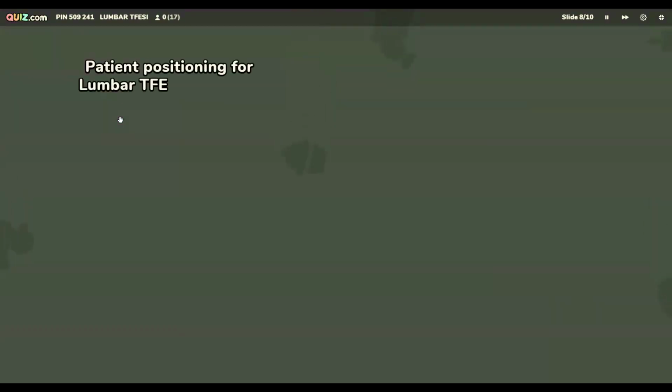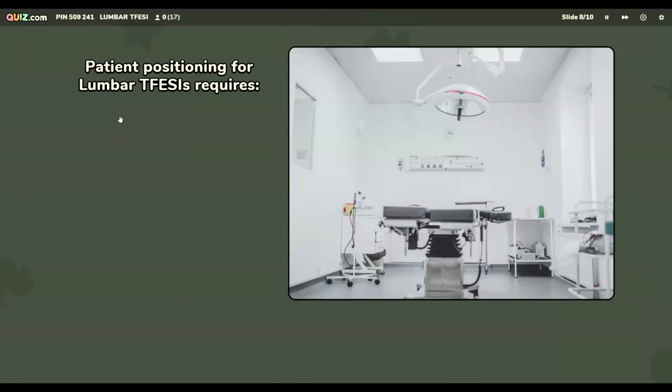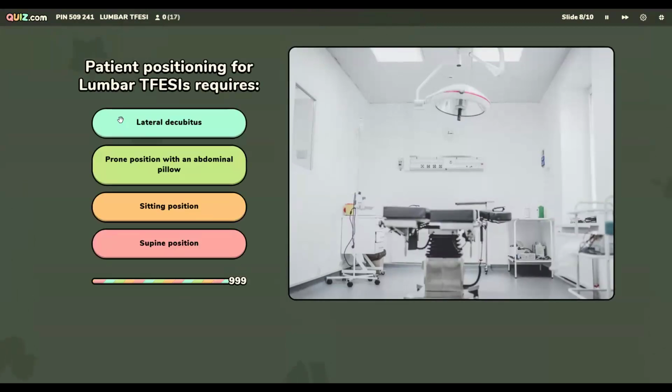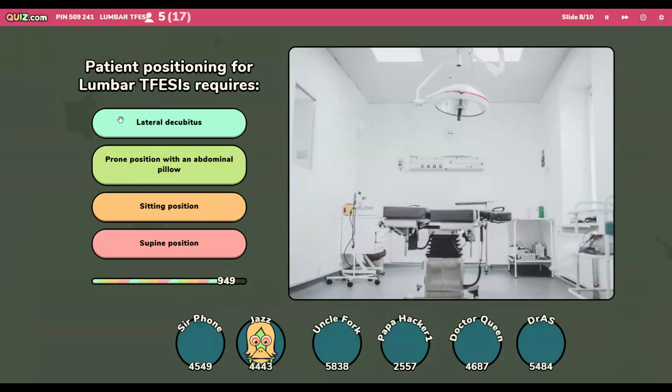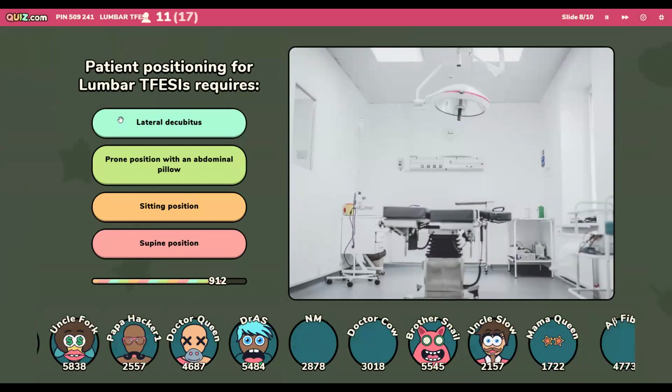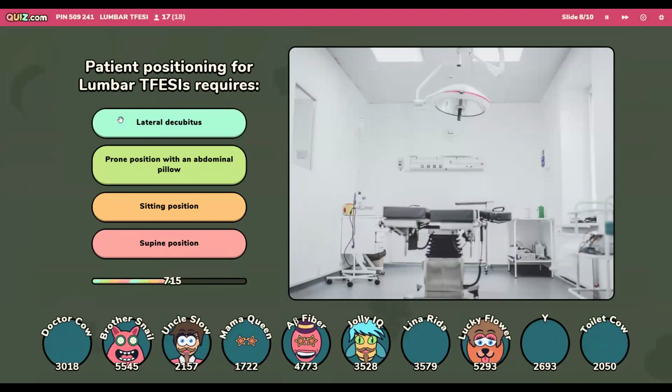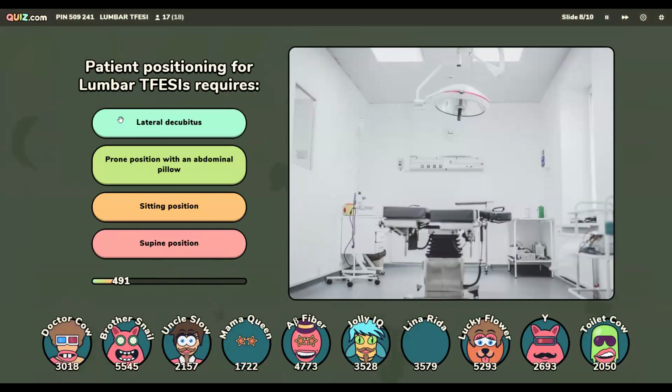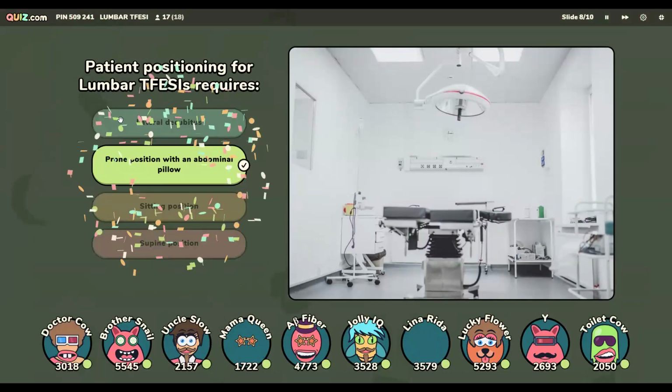Patient positioning for lumbar facet procedure requires prone position with an abdominal pillow.